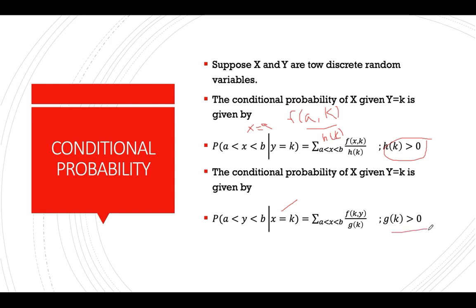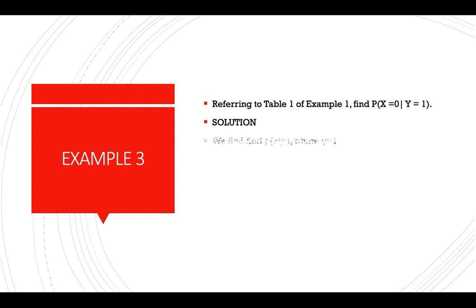Again, g of k must be greater than 0. So going back to example number 1, we find the probability of x given y, where y is equal to 1.